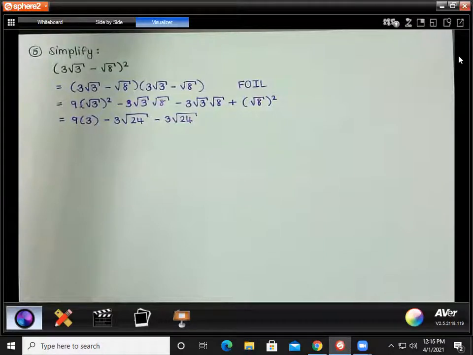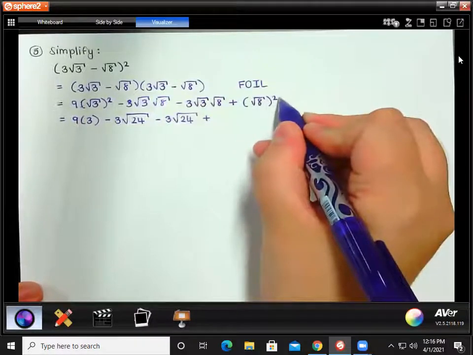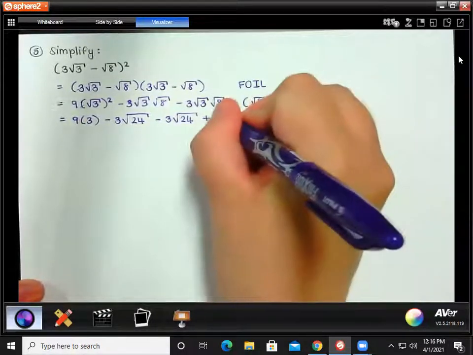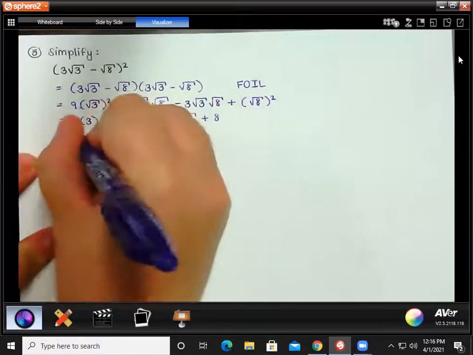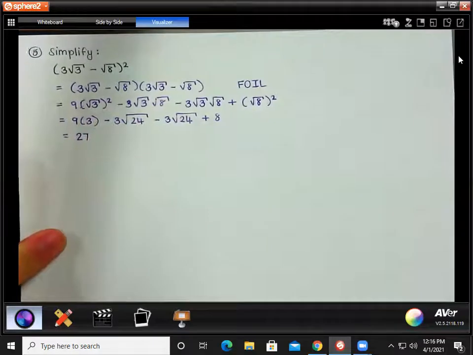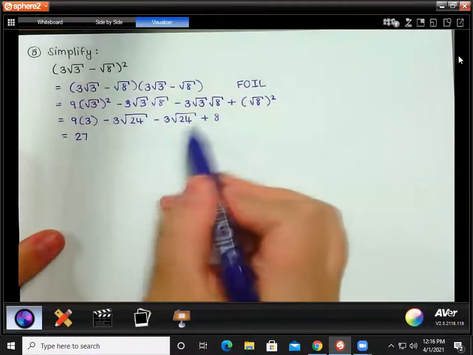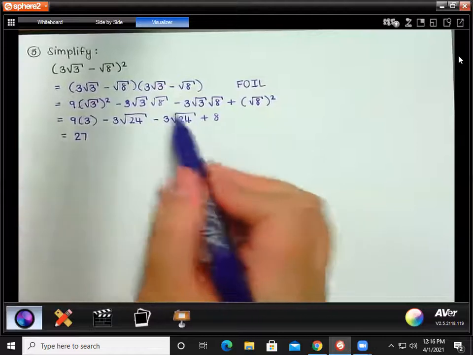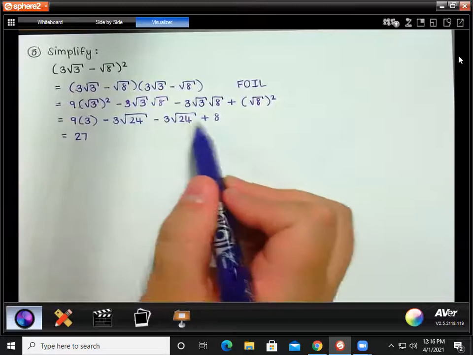Okay, and then for the last one, we have plus. What happens with this square root and that square? They're canceling each other out, so that is just 8. Okay, 9 times 3 is 27. Now guys, we're going to have to change this 24, obviously, and write it as a product of 2 numbers, but do we see that we have like surds?